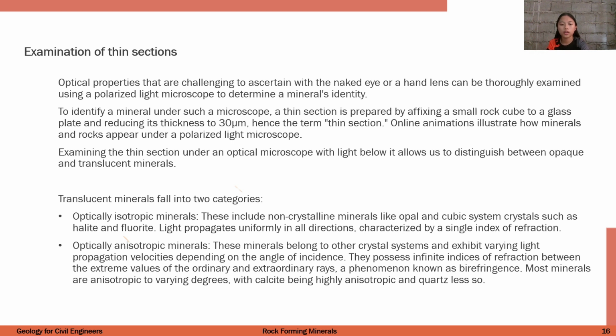So, kapag nagche-check tayo sa thin section under microscope with light beneath it, we can tell apart two kinds of see-through materials. First is yung, as mentioned dito, optically isotropic minerals. Ang minerals na ito, wala siyang regular na crystal shape.